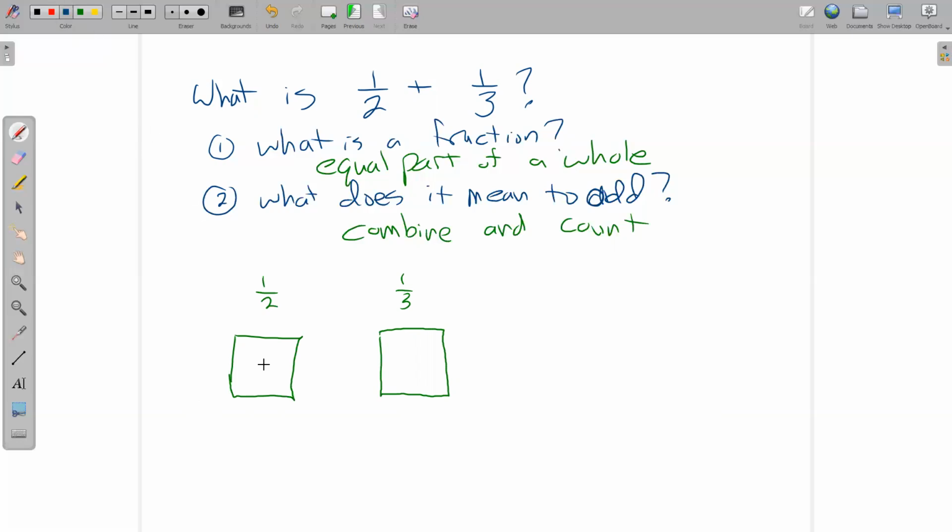And one of them I'm going to split vertically, so there's my halves, and the other I'm going to split horizontally to get my thirds. And then I just want to shade one of those halves and one of those thirds.